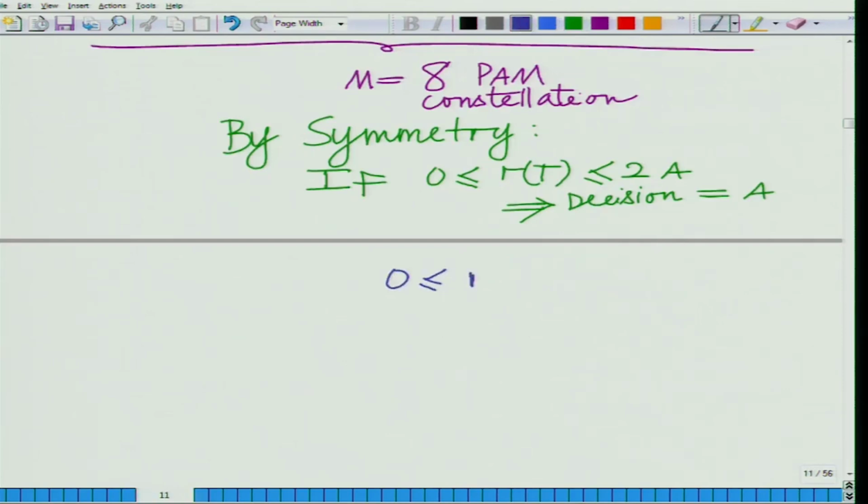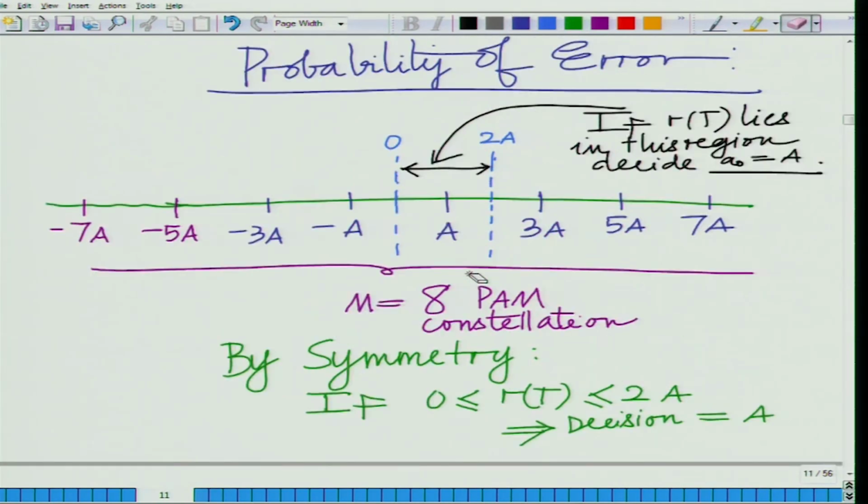Now if you look at the other set of midpoints, 2A and the midpoint between 3A and 5A, that midpoint is going to be 4A. So, in this region we obviously have to decide A naught equals 3A.